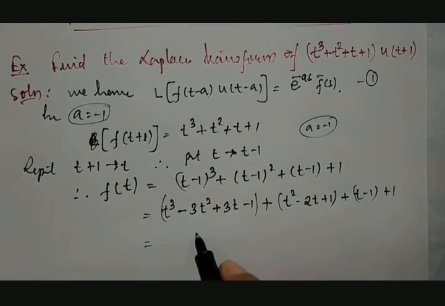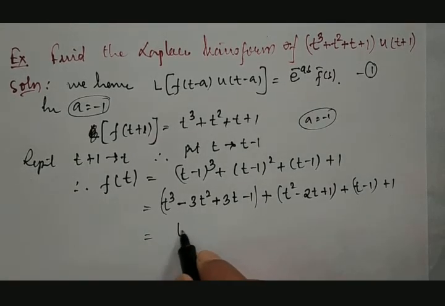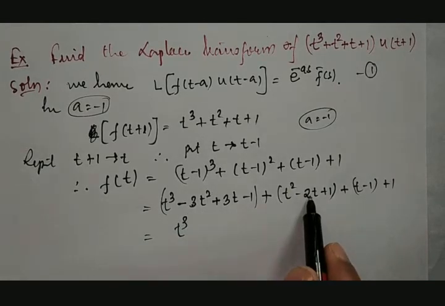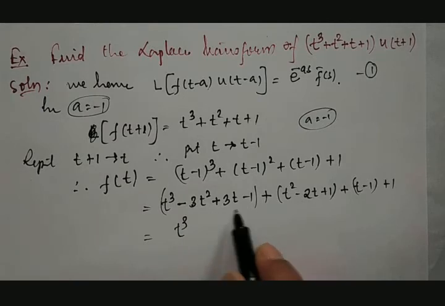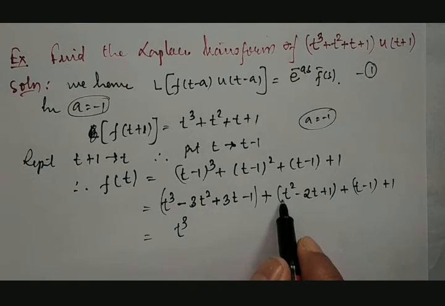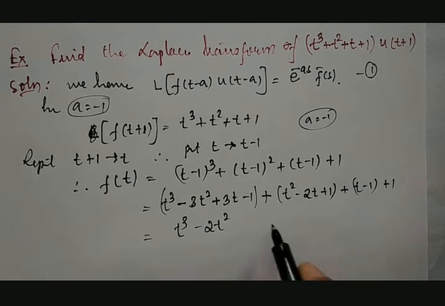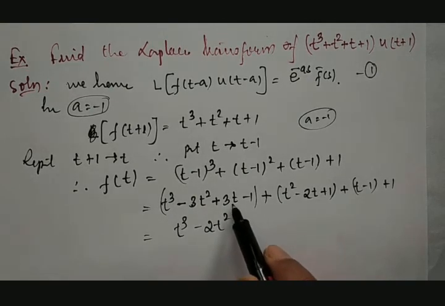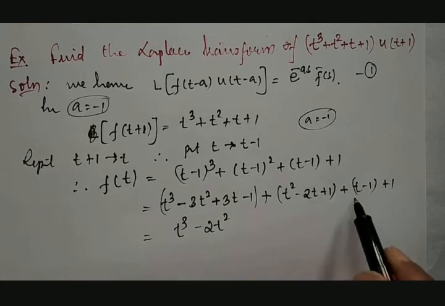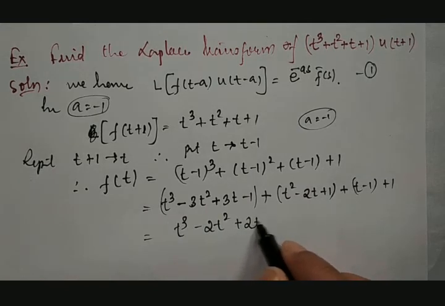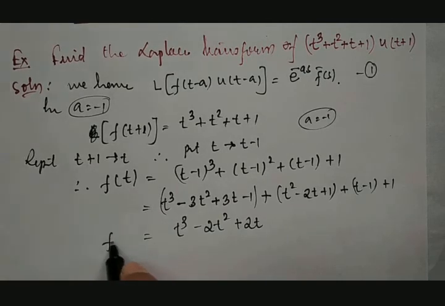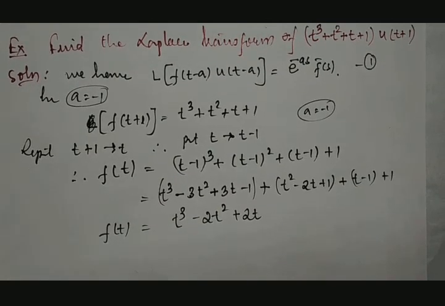If you simplify this further, you can see t cube only one term, minus 3t square plus t square, so it is minus 2t square. Fine. 3t minus 2t plus t, that is 2t. Minus 1 plus 1 get cancelled. Therefore, f of t is equal to this.